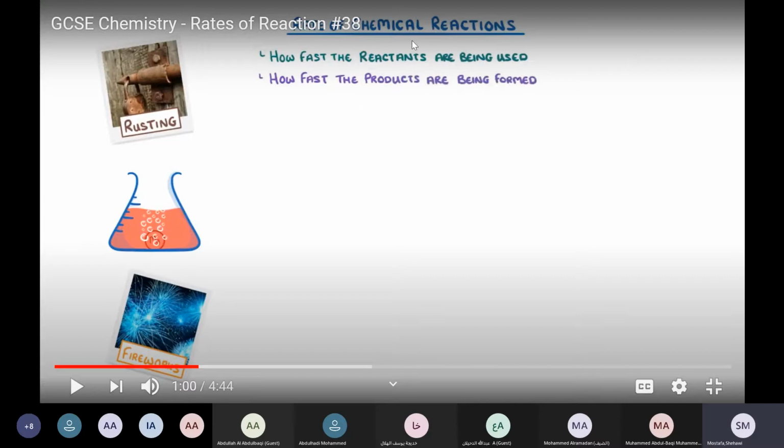Both of them represent the chemical reaction speed, because while you are using reactants, you are producing products. So we can use both of these definitions to represent the speed of chemical reactions. The faster the rate, the faster the reactants will be used up and turned into products.